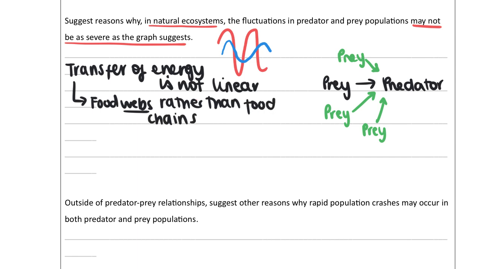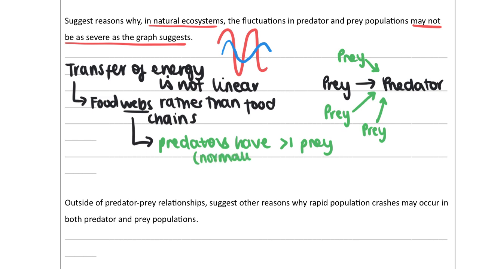And remember, with these food webs, that means that predators have more than one, so greater than one prey normally. Right? They're not that picky. If they're going to survive by eating, they'll probably eat anything.